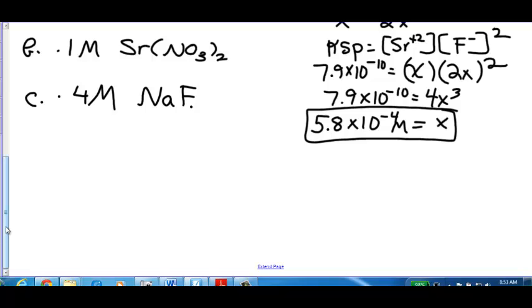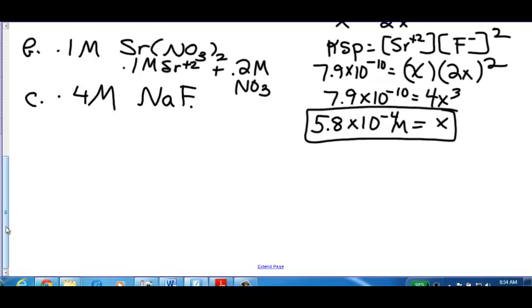Okay, so now let's calculate the solubility of strontium fluoride in a 0.1 molar solution of strontium nitrate. All nitrates are soluble. So what this really is existing as is 0.1 molar strontium and 0.2 molar nitrate.